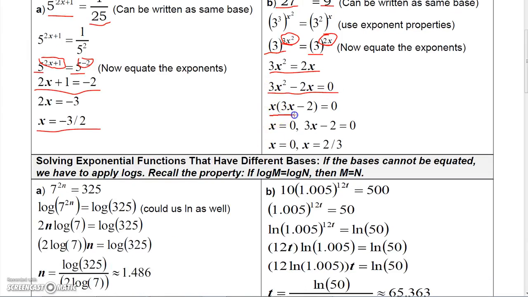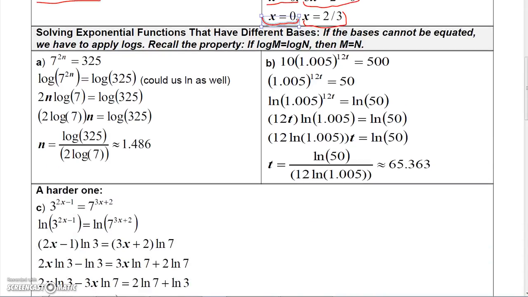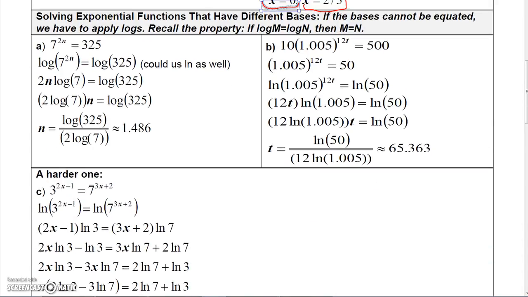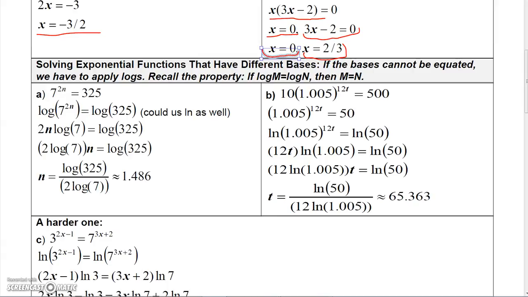Let's factor x out of the left-hand side, so I get x times 3x minus 2 equals 0. So I know that the only solution to this is if x equals 0 or 3x minus 2 equals 0. So x equals 0 is one solution, and then if you solve this equation, x equals 2/3 is the other solution. So, if that's the case, then you can solve it without using logs.